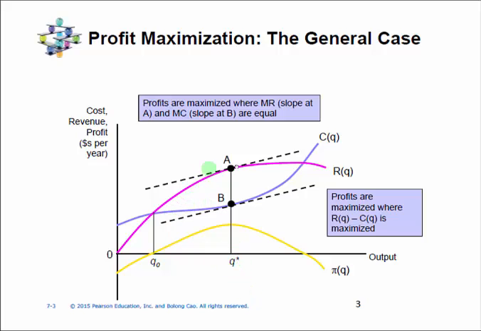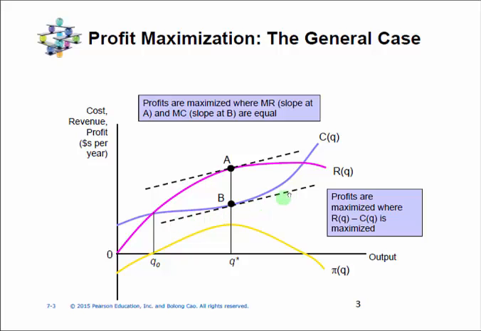Between Q0 and Q star, what do we have? We have positive marginal revenue, which is declining, and positive marginal cost, which is increasing. So as you're getting closer and closer to Q star, the marginal revenue is smaller and smaller, and the marginal cost is higher and higher, which makes the marginal profit smaller and smaller. Still positive, but smaller and smaller, until at Q star, the marginal revenue equals the marginal cost.